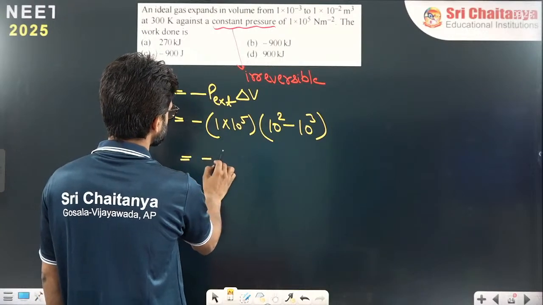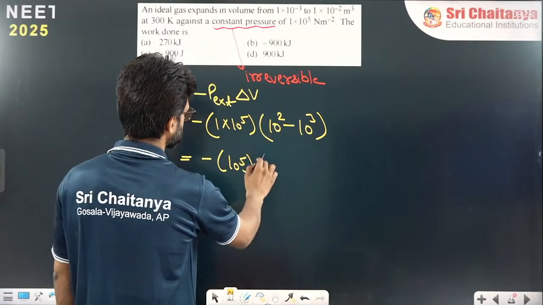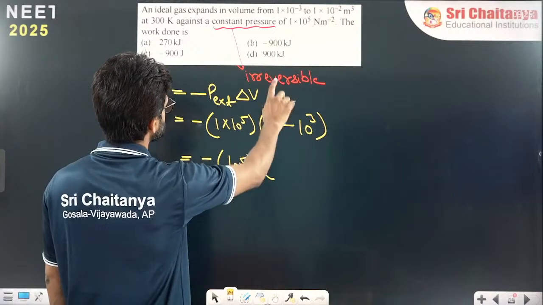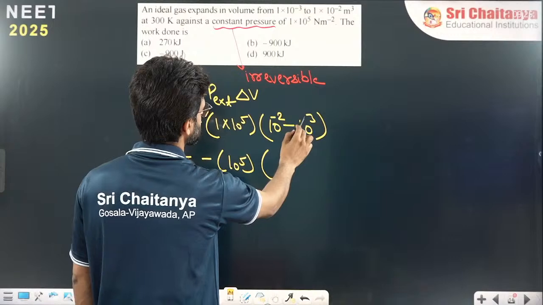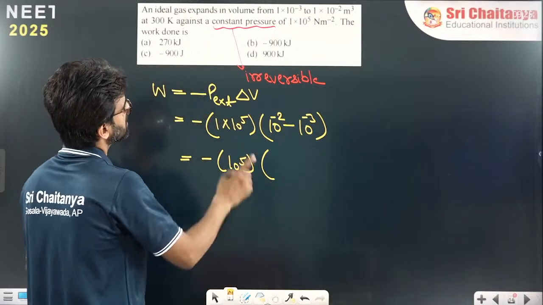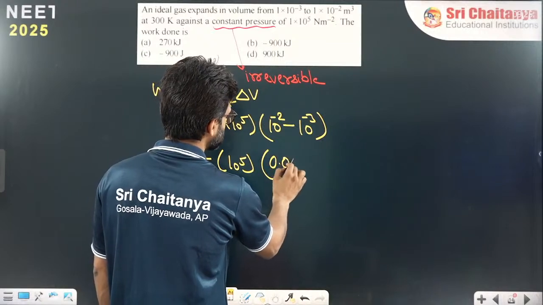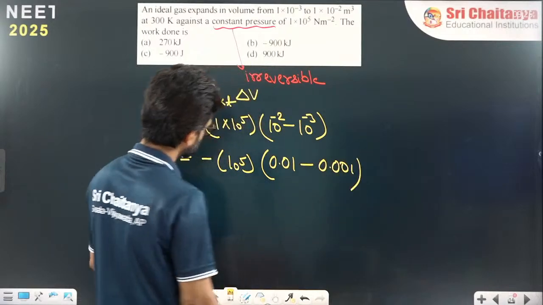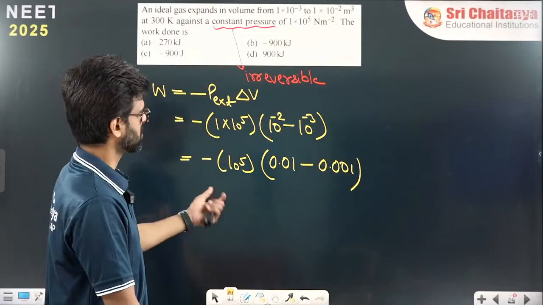So minus 10 to the power 5 here, and 10 to the power minus 2 means 0.01 and 10 to the power minus 3 means 0.001, right? So you can just apply the formula minus of P delta V, and easily you can get the answer.